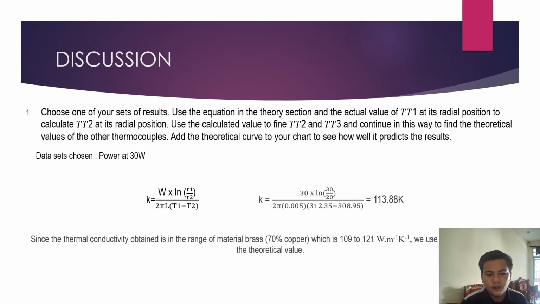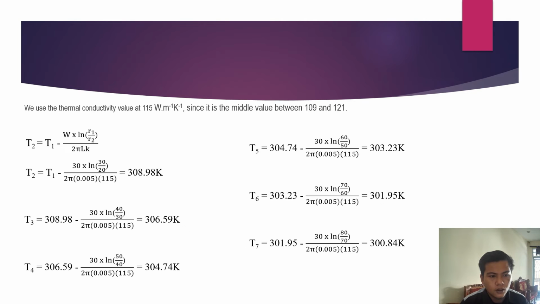Since the thermal conductivity obtained is in the range of material brass 70% copper, which is 109 to 121, we use it for the theoretical value. We use the thermal conductivity value of 115 since it's the middle value between 109 and 121.